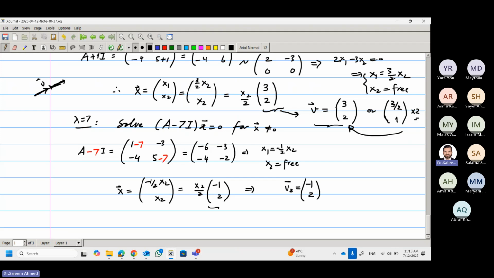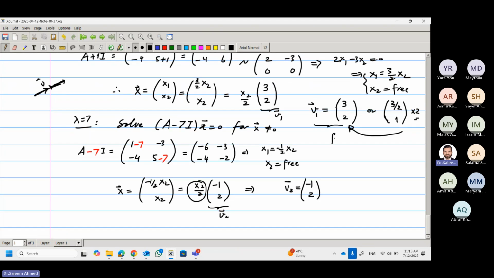Just pick the vector here. No need of picking this. You can drop it. Just this is your V2. This is your V1. So these are your two eigenvectors. I can write lambda 1 V1, lambda 2 V2, and so on.